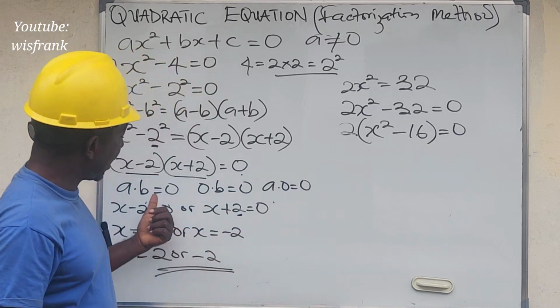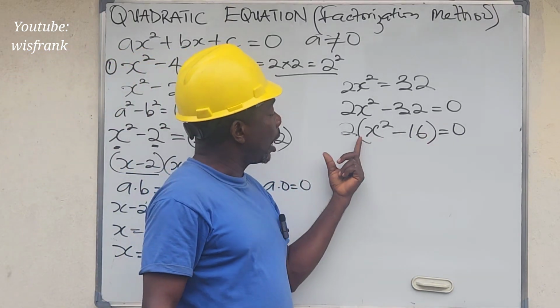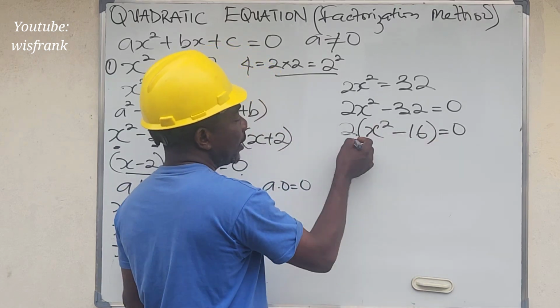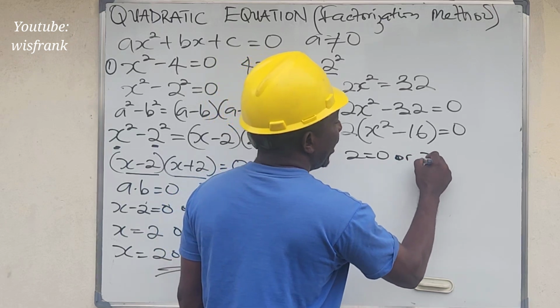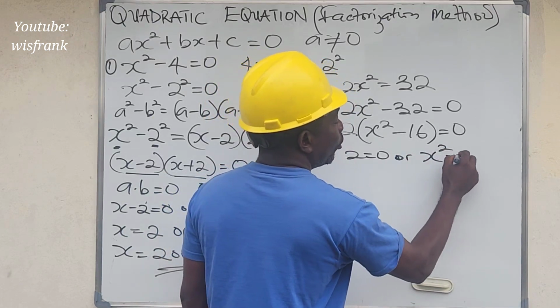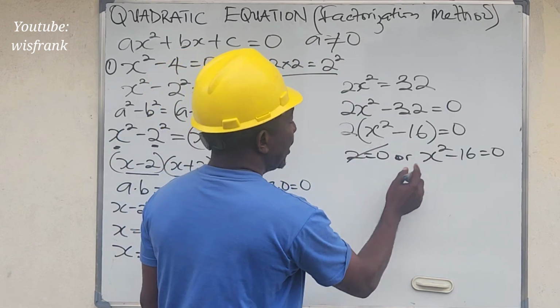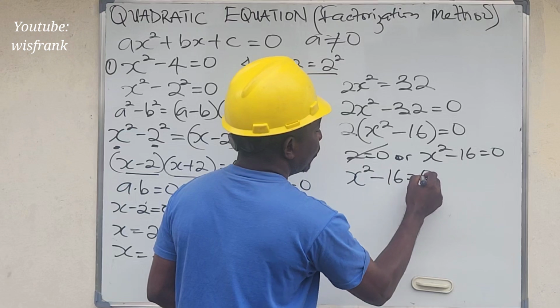The same thing that we did here: either the first one equals 0, or the second one equals 0. So when we set 2 equals 0, or x to the power of 2 minus 16 equals 0, this one is cancelled. So we are now left with x to the power of 2 minus 16 equals 0.